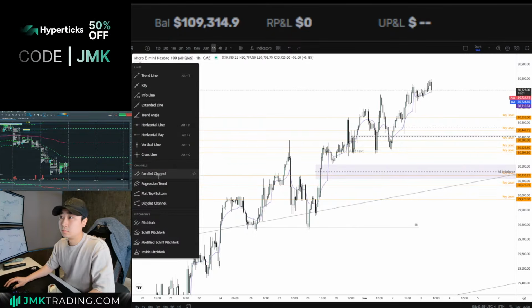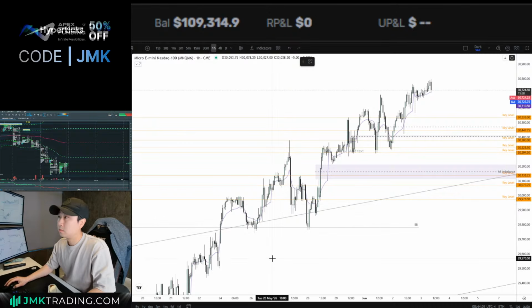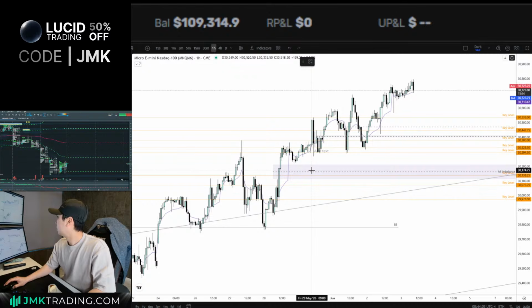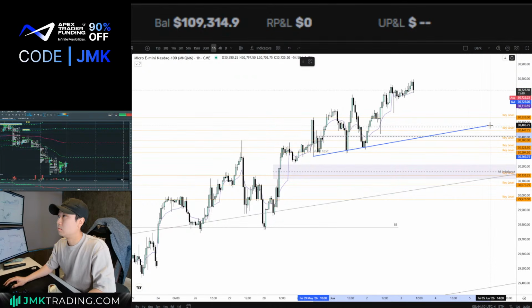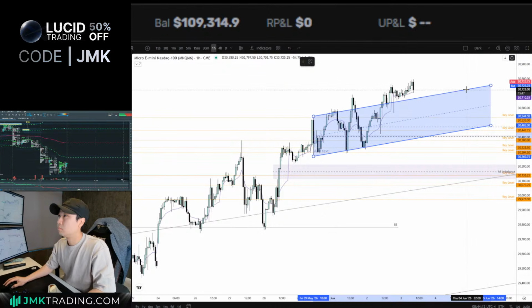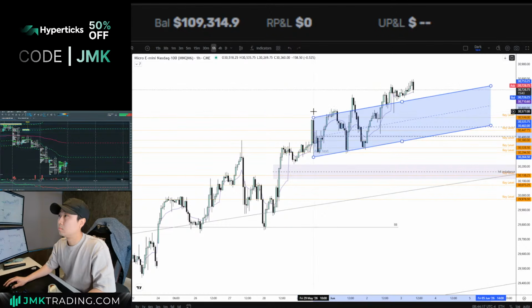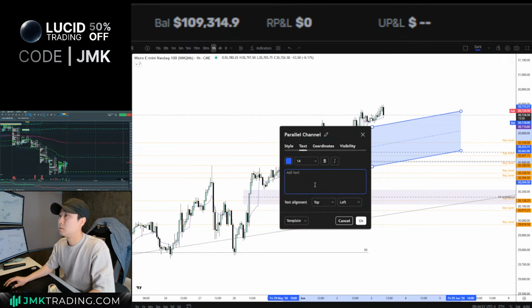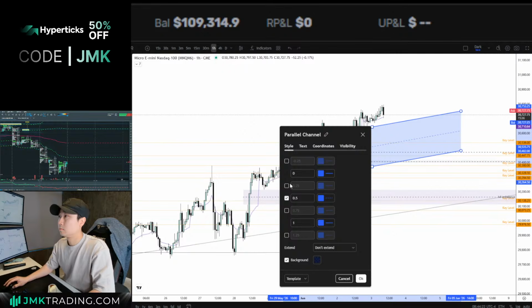This parallel channel is actually fairly confluent, so I want to add this in. I'm trying to see how I drew it. There we go. That's fine. No background.